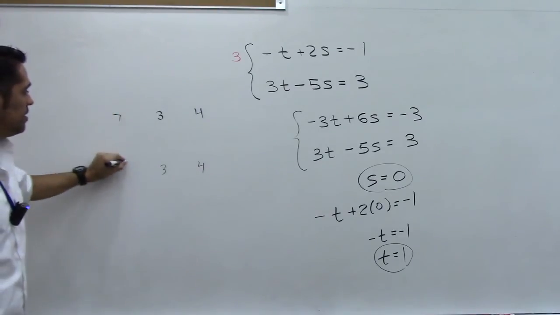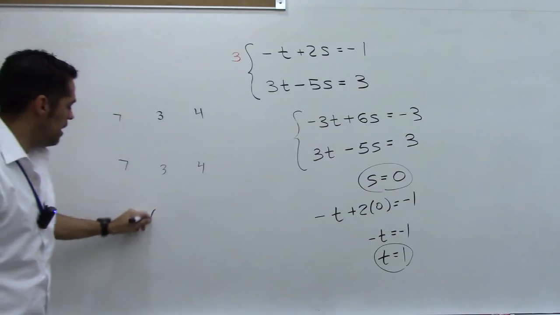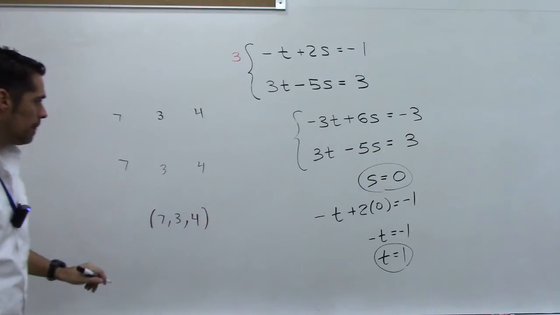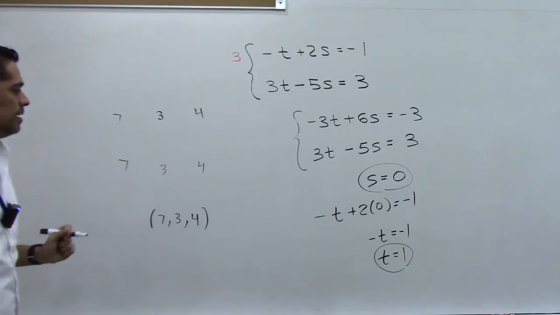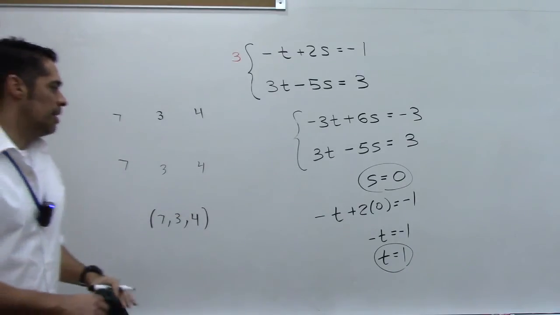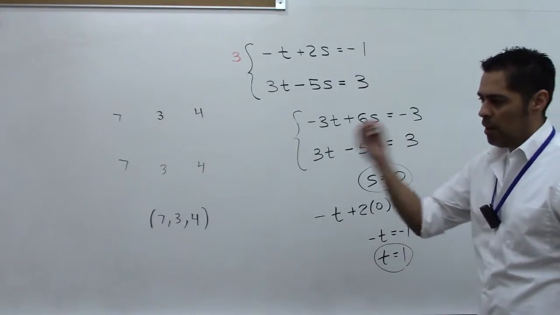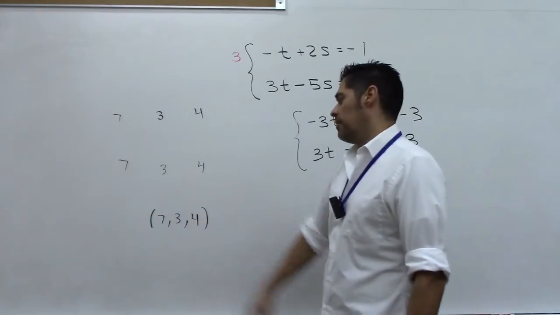Let's say this was 7 and 7. Then you would say they intersect, and you would actually say they intersect at the point 7, 3, 4. Whatever these components were, that's the point that they hit each other. You would not put as your answer s is 0 and t is 1, because you would want to know where they intersect. So you would say the lines intersect at the point 7, 3, 4.